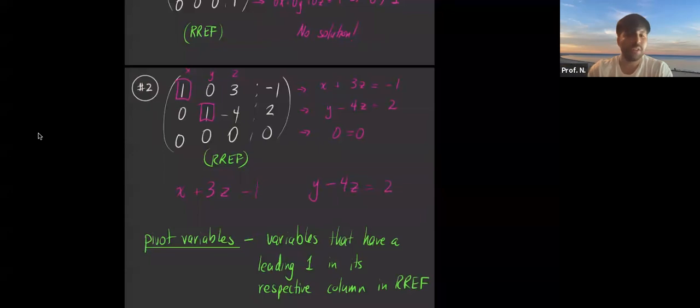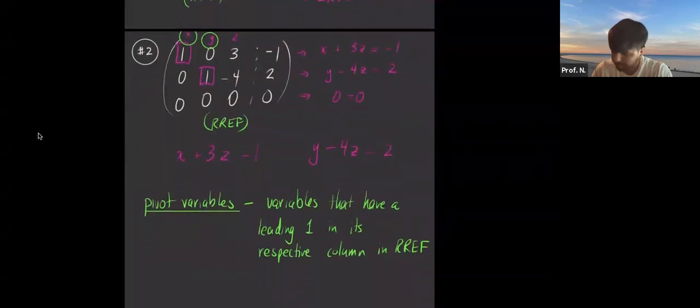In this example, the pivot variables are X and Y. Why is that? Because when you put it in row reduced echelon form, the 1 in the first row indicates that X is a pivot, and so is Y. Those are called the pivot variables.